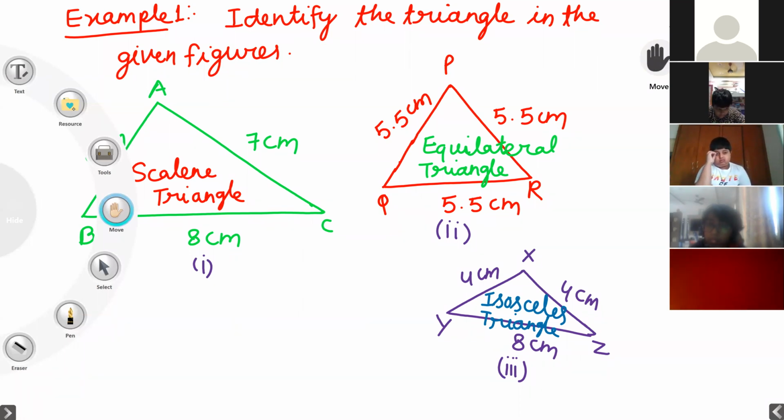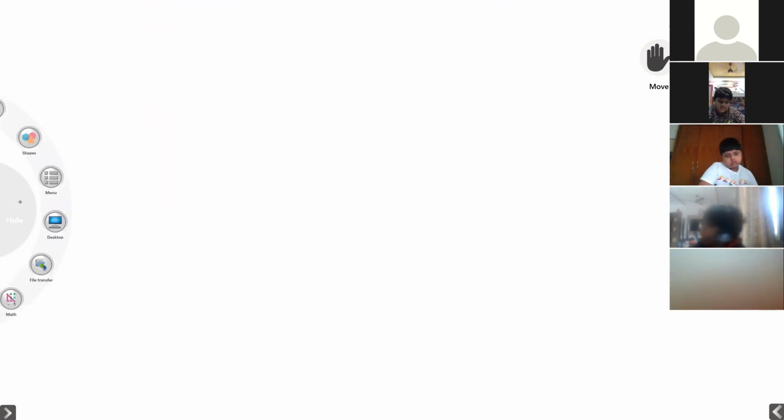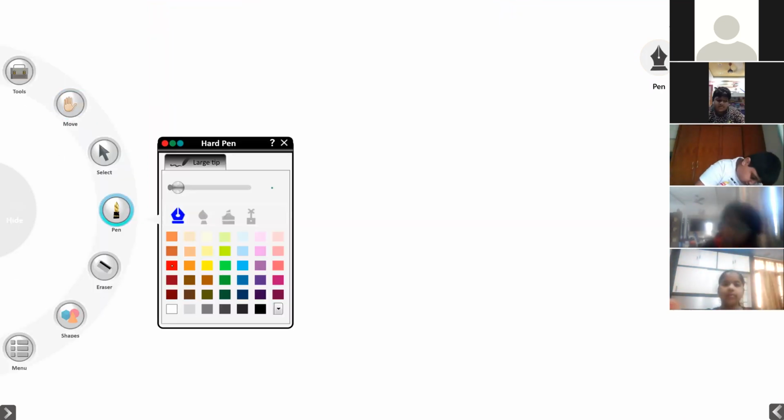We have learned here, students, types of triangles on the basis of sides. Now we are going to learn types of triangles on the basis of angles. Keep heading: Types of triangles.